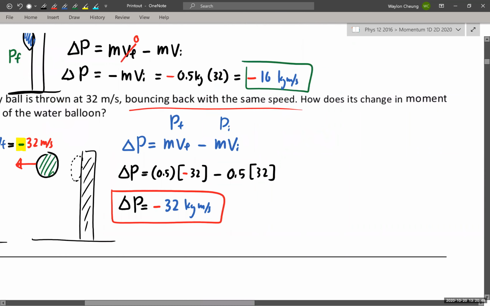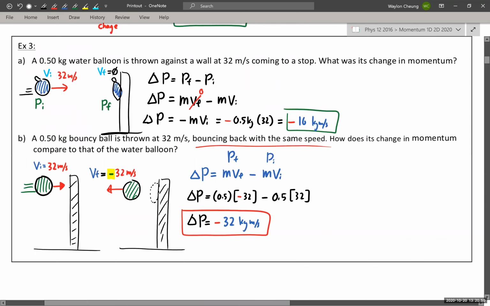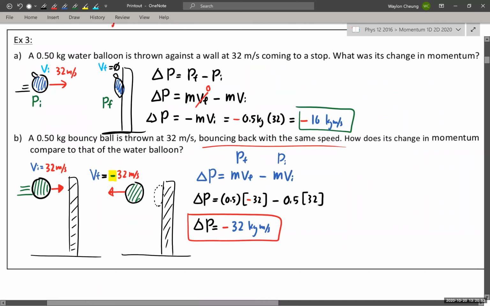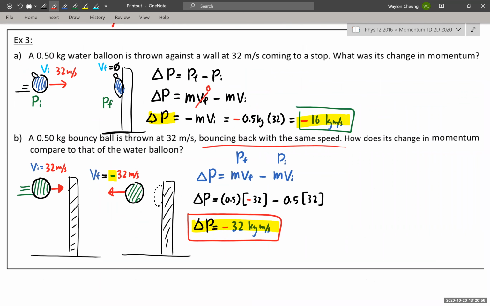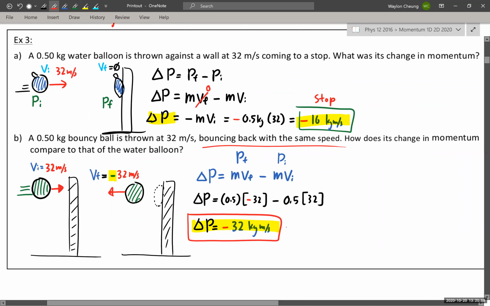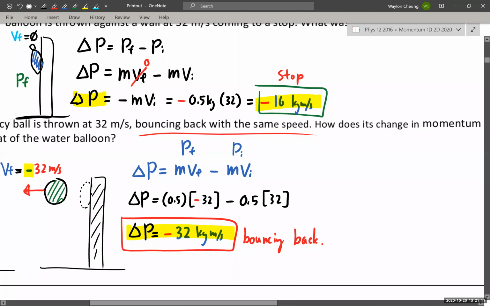Now, I want you to compare these two answers. Stopping something versus bouncing it back. So this is for stopping it. This is for bouncing it back. Now, remember, momentum is kind of like impact, right? So impact on what? Impact on the wall.